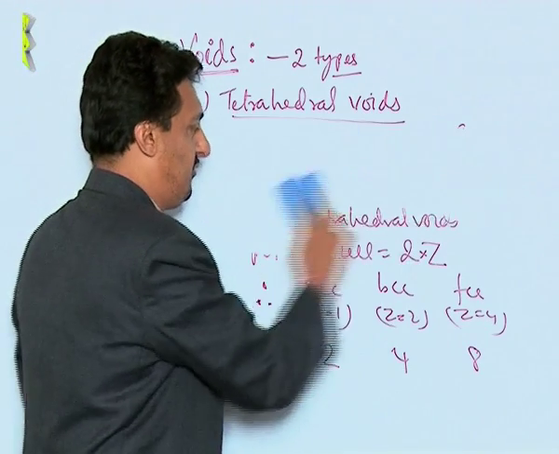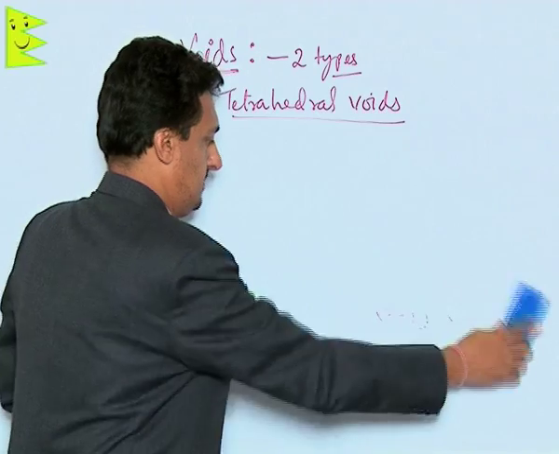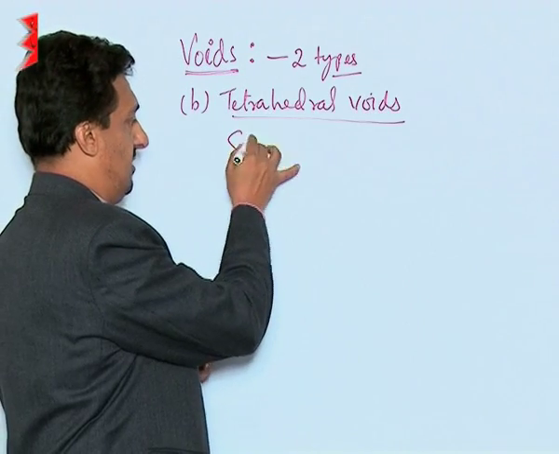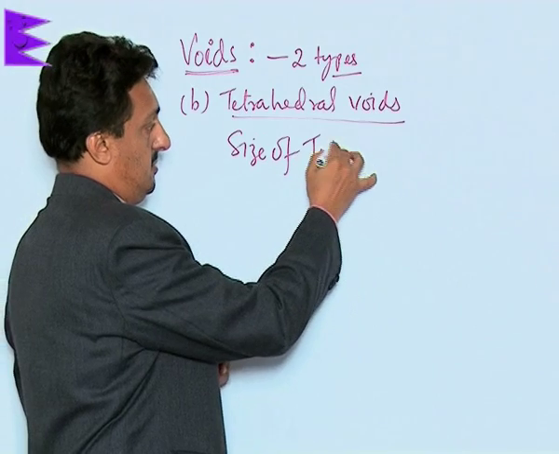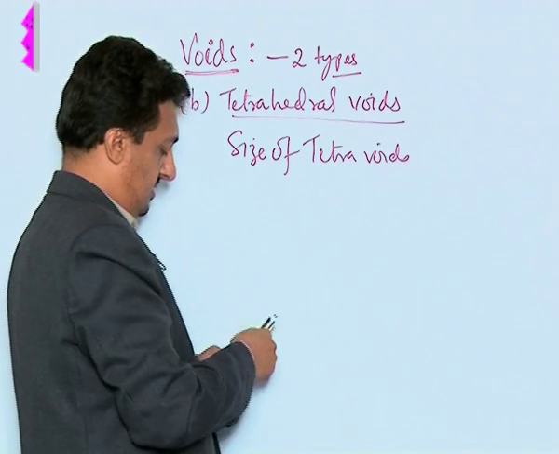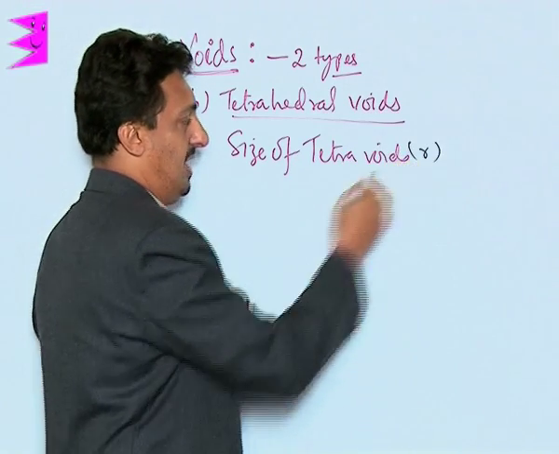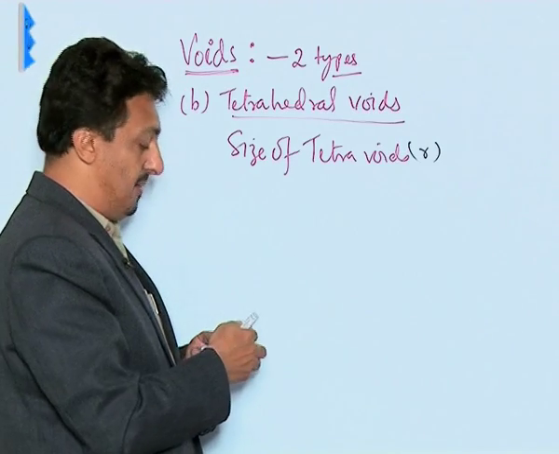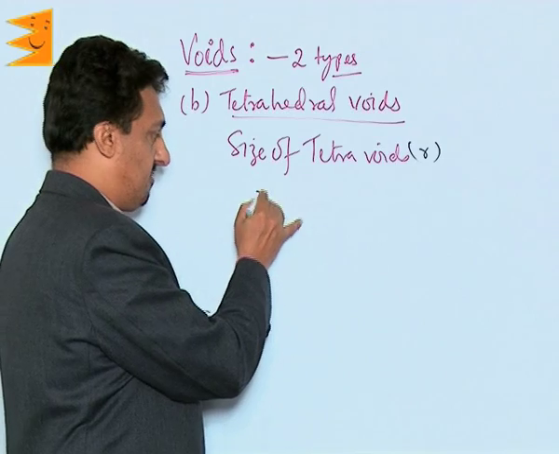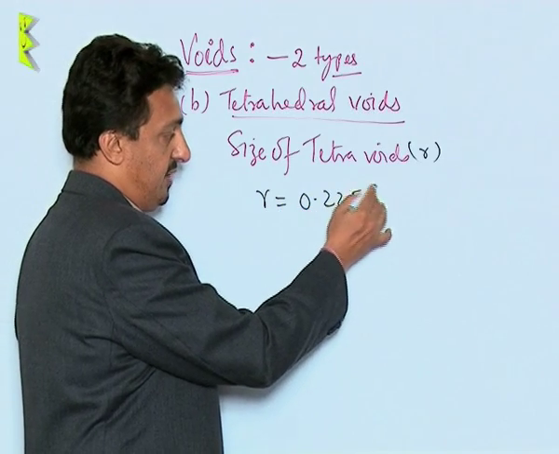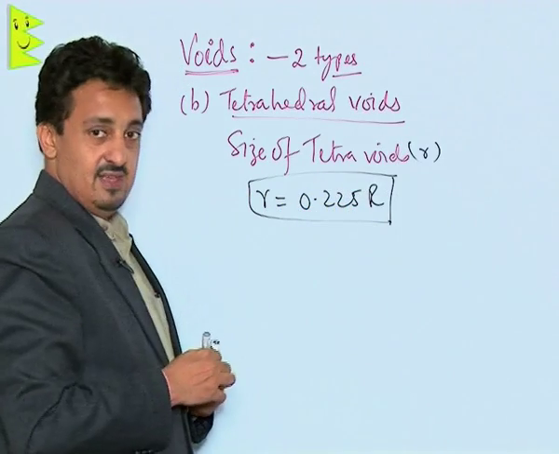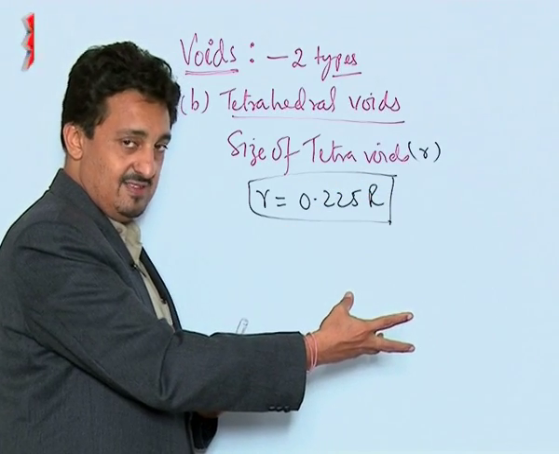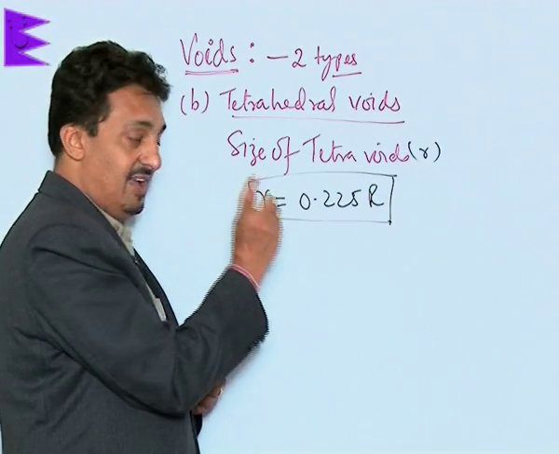Now the size of tetrahedral voids, which we represent by small r, we know how it is related to capital R. Remember, this small r is 0.225 times of the capital R. The capital R is the radius of the particles which are forming the unit cell or the crystalline solid, and small r is the radius of the void.